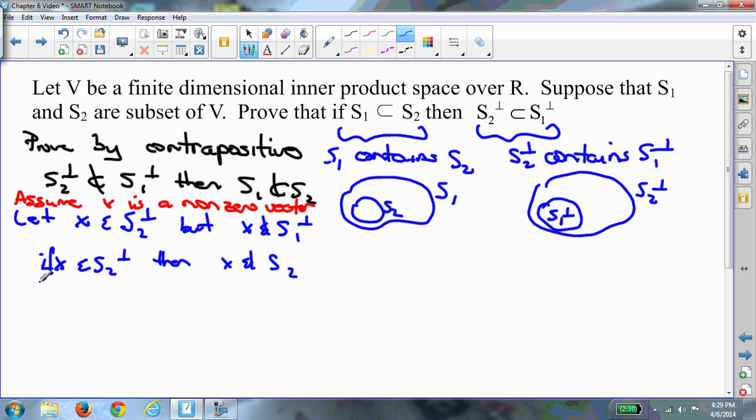And similarly, if X is not an element of S1 perp, then X must be an element of S1.